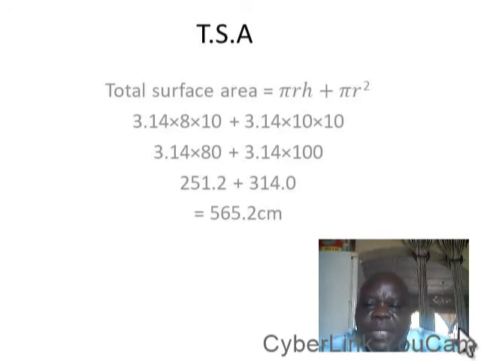It is l, not h. Then by substitution, you have 3.14 multiplied by 8 multiplied by 10 plus 3.14 multiplied by 10 multiplied by 10. That gives you 3.14 times 80 plus 3.14 times 100. When you evaluate that, you have 565.2. That gives you the total surface area of the cone.